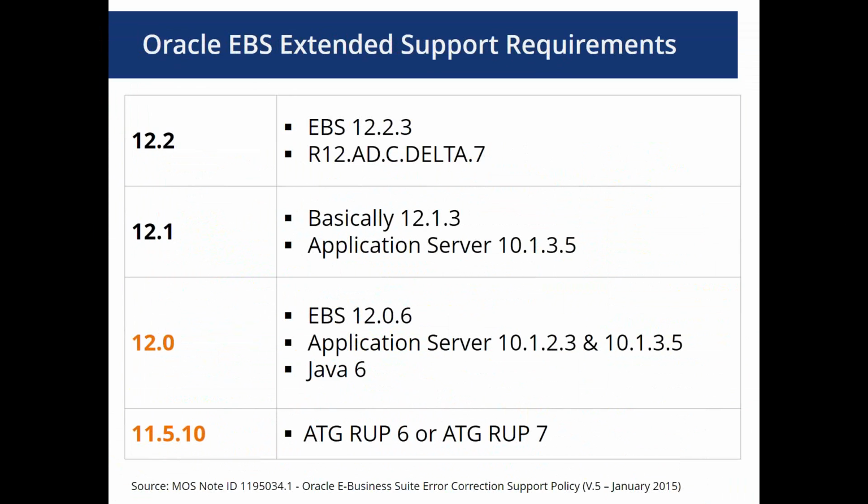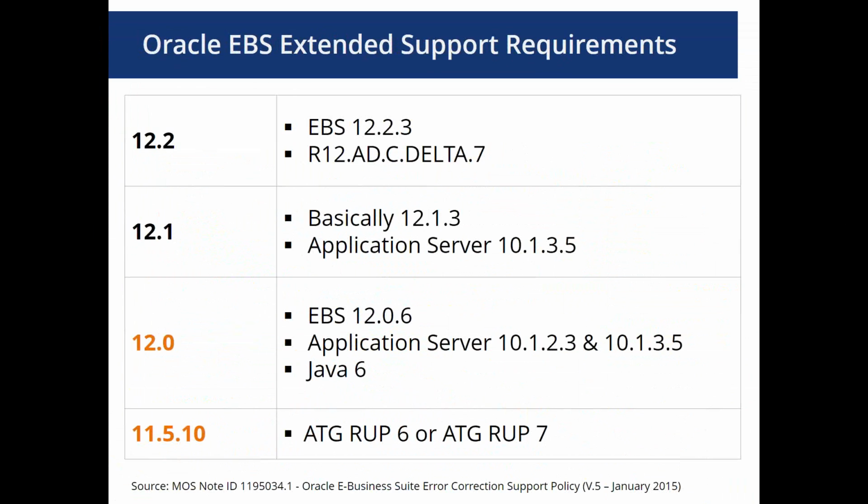We were working with a client recently that was stuck on 12.1.2 for a bunch of internal business reasons. They could not upgrade and apply the necessary patches to get to 12.1.3 in order to apply CPUs. So they basically have not been applying CPUs for the last year, and we had to spend a lot of time working on a remediation strategy for them on how to secure their environment even though they're not applying security patches.